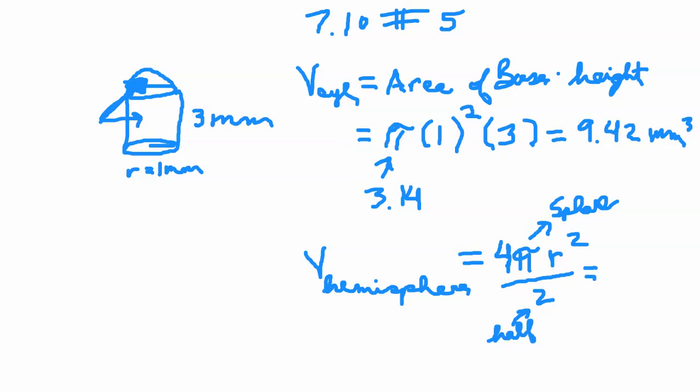So we've got 4 times pi, which is 3.14. Where do we get the 4? The formula for the volume of a sphere is 4 pi r squared.